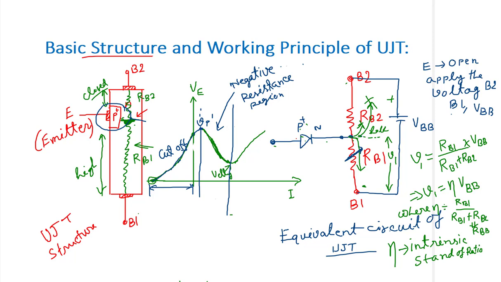And in this region the device behaves as a PN junction. This is the saturation region. Why saturation?